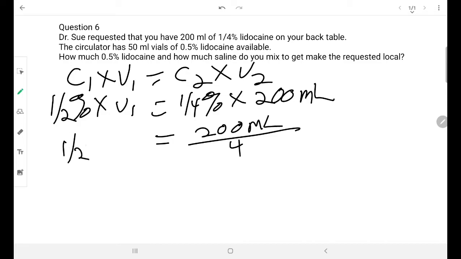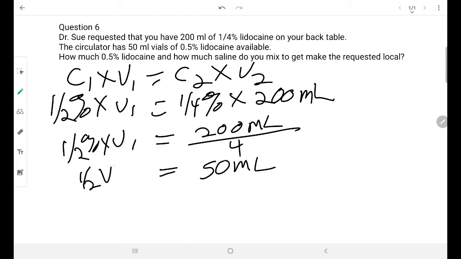So 1/2 equals 200 milliliters divided by 4, which is going to equal 50. So 1/2 of V1 equals 50.